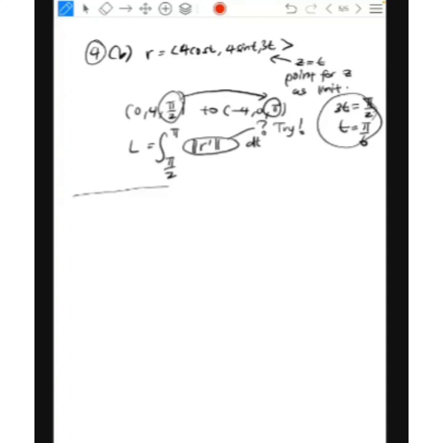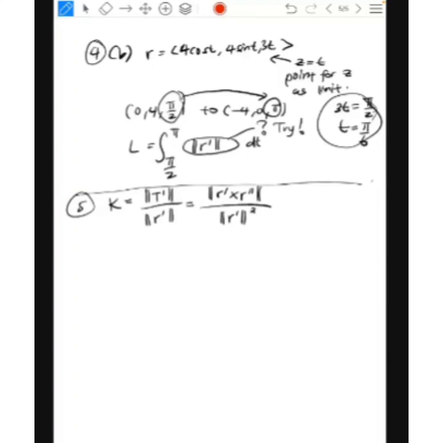Last question for 2.3, which is number 5. Find the curvature and radius of curvature. Curvature also has its own formula, which is the magnitude of r prime cross r double prime divided by the magnitude of r prime to the power of 3.